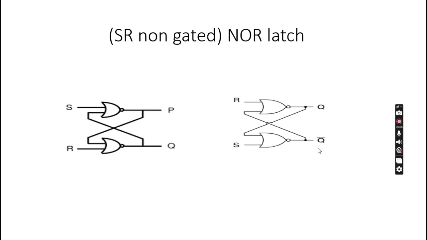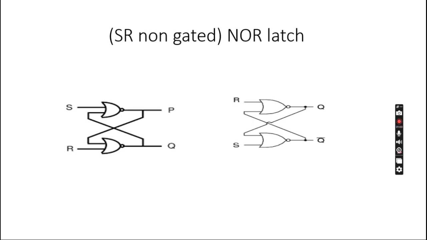Some people name these inputs as SR or XY, and outputs as Q bar, or some other names. Here I named it Q1P. This P is nothing but Q bar here. So these are the constructional details.